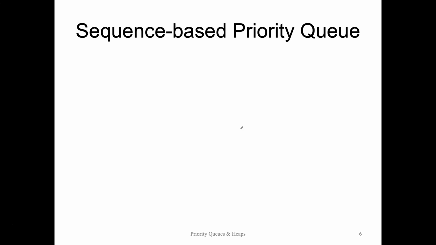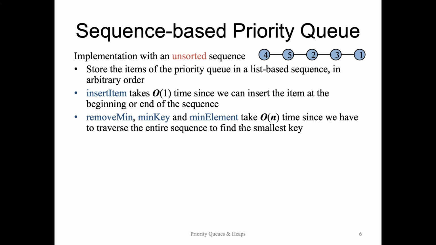So if we have a sequence, let's say we could use an unsorted sequence, which means if we are given, let's say, we want to insert the following elements in this order: 4, 5, 2, 3, 1. With an unsorted sequence, we would not care if the sequence is ordered or not.